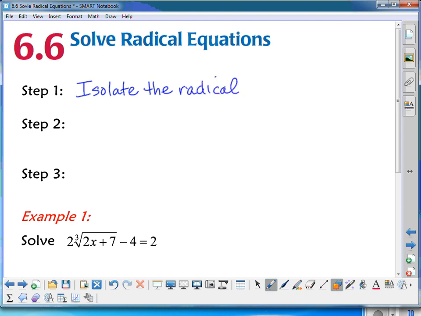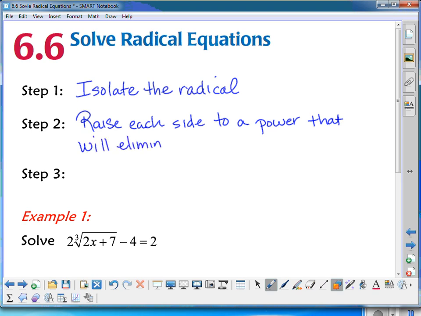Next thing you do is raise each side of the equation to a power that will eliminate the radical. And then finally you solve the equation that's left and check your answer or your solution.